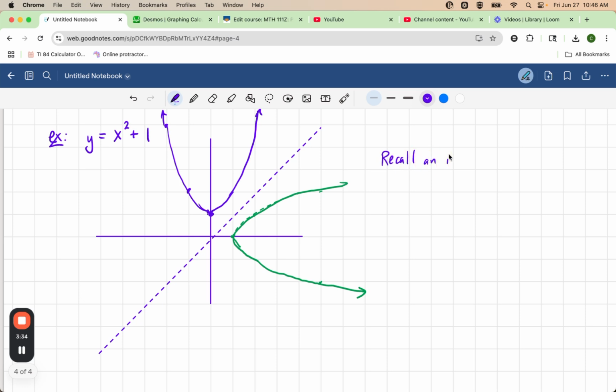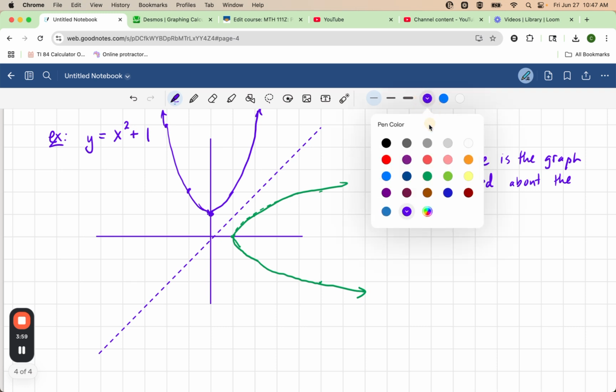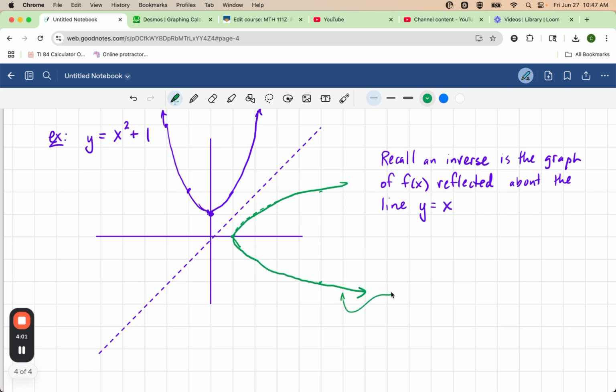Okay, so recall an inverse is the graph of f of x reflected about the line y equals x. All right, so if you look at this green graph here, this is not a function, right?